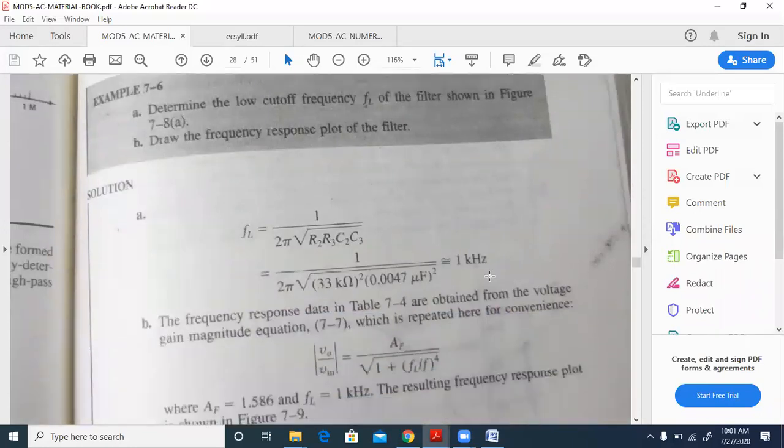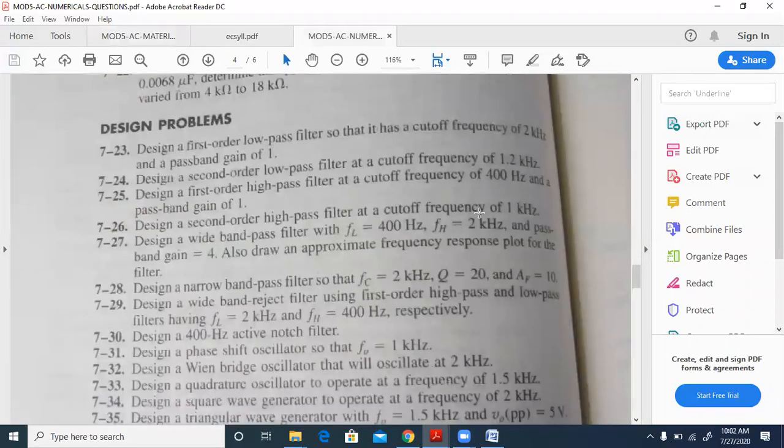Here also it is 1 kilohertz, no difference. Fine, no problem, whatever. So please remember that values in the internals might be changed.